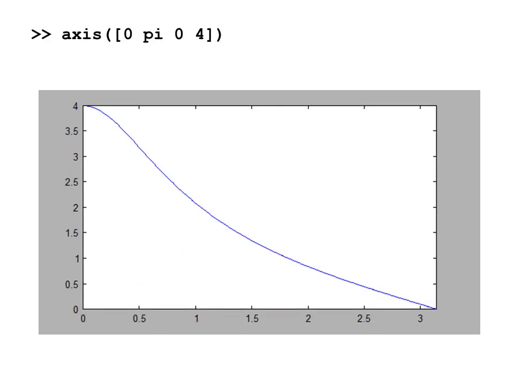If you change the axis of the plot so that the minimum x value is 0, x coordinate, which is omega here, and the maximum is pi, and the minimum y coordinate is 0 and the maximum is 4, so those remain unchanged.